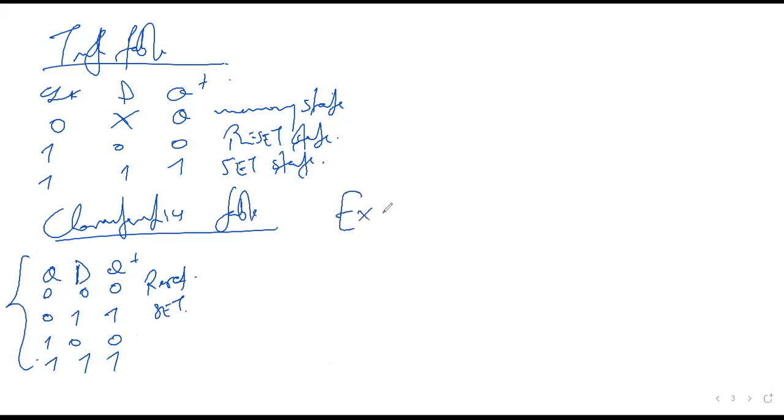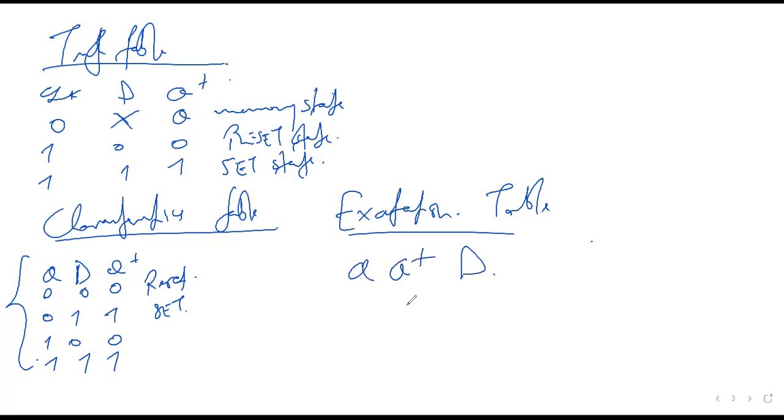Do the same and you can find the excitation table, which is Q plus D. What do we need to do? If I want to move from the present state 0 to another state 0, what do I need to do?